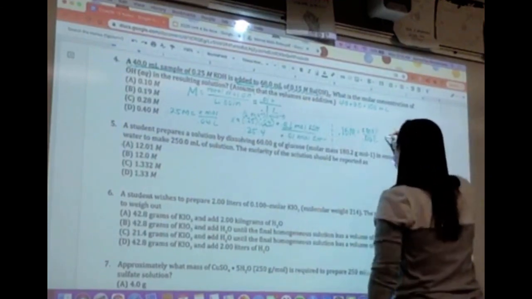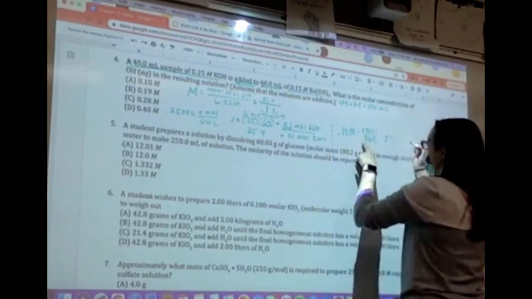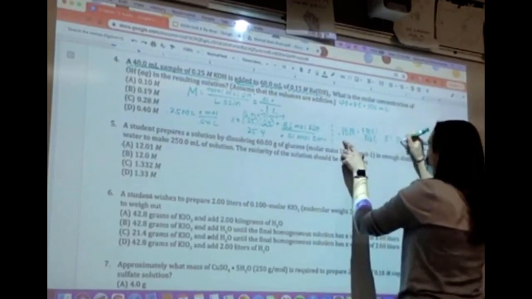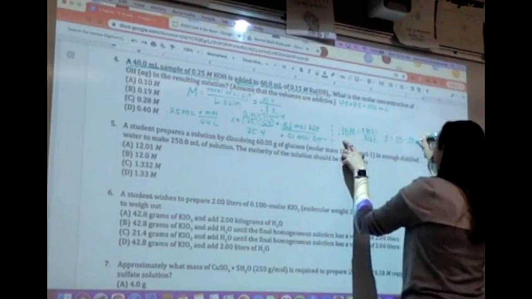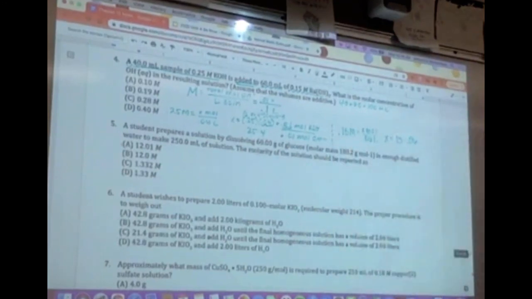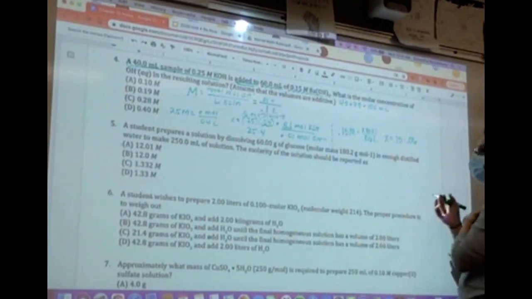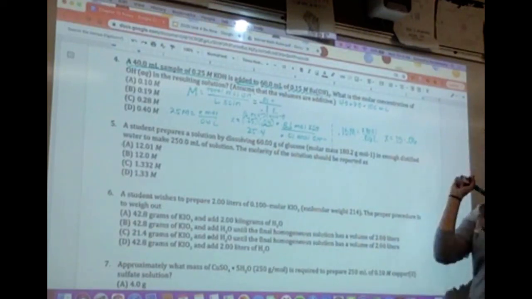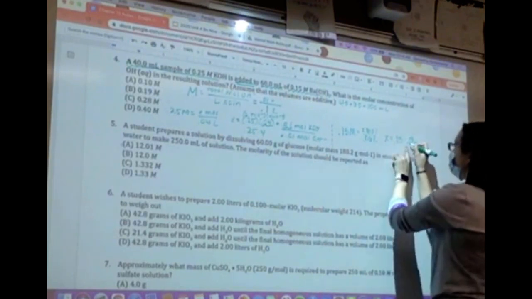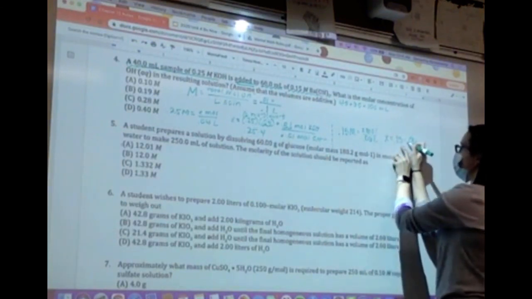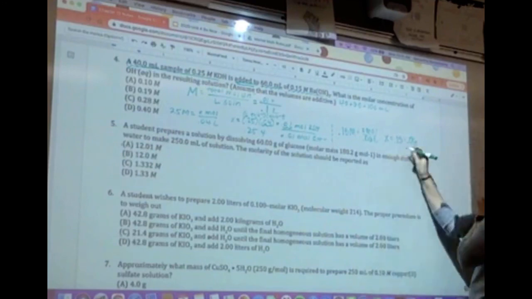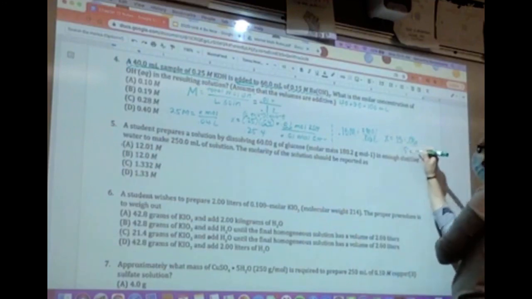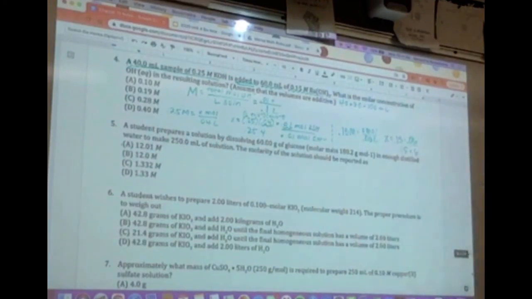So if I multiply 0.15 times 0.06, again, you could either do scientific notation, but I like just moving the decimal when I'm multiplying. So I'm going to move the decimal for the 0.06. I'm going to move it twice for now. So I can do 0.15 times 6.